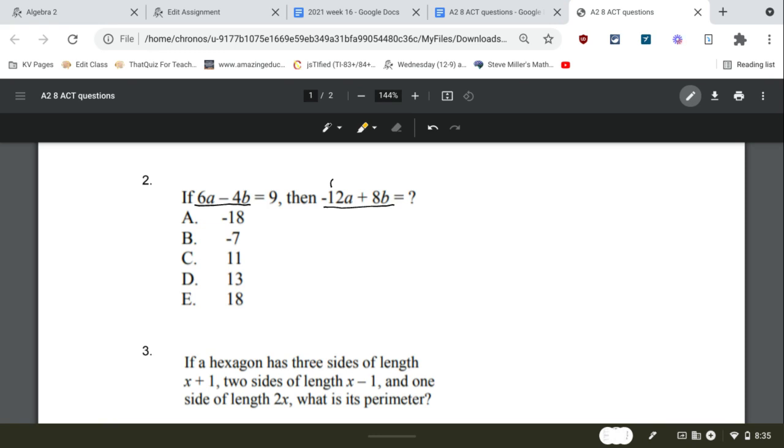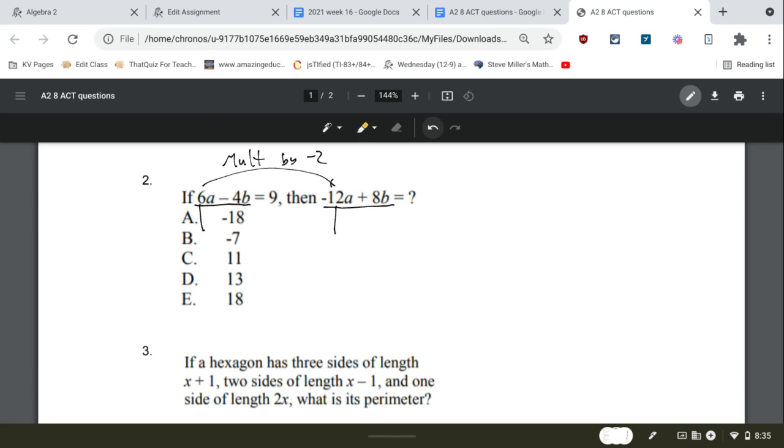If you look at 6 and negative 12, you can multiply those by negative 2, and that'll get you from this one to this one.